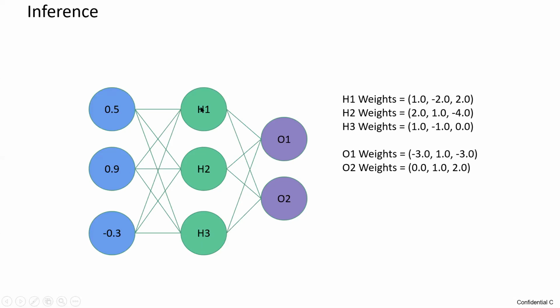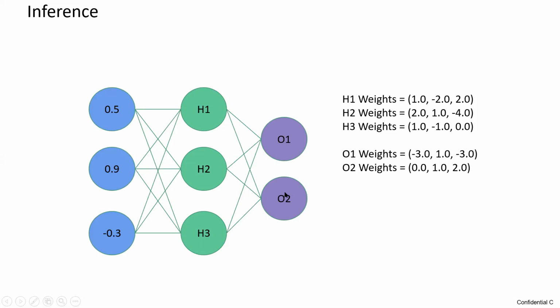Each of them receives 3 input signals, but with different weights, which are randomly generated. Through the training data, by the learning algorithm, we'll update these weights based on the loss calculation. Similarly for O1 and O2, 2 weights each are generated.